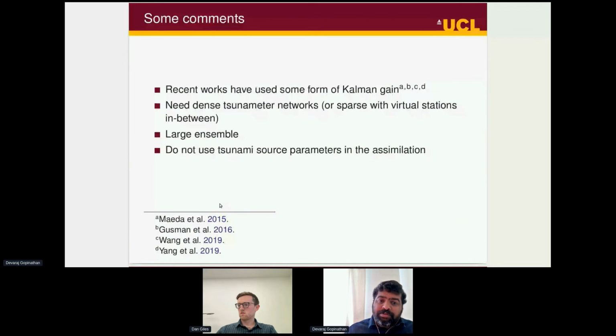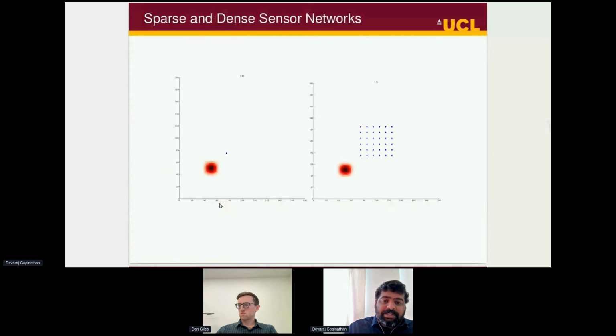And they do not use tsunami source parameters in the assimilation. Now, I will demonstrate this using two examples. On the left is one tsunami source with one sensor. And on the right is another same tsunami source, but 36 sensors. So we are going to compare the performance of the system on the left and on the right.